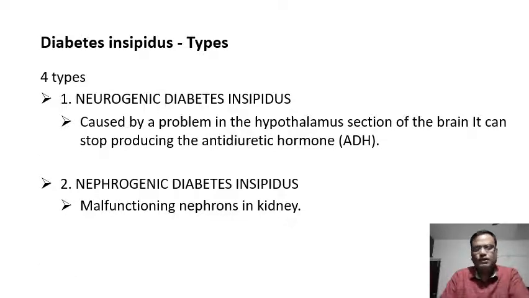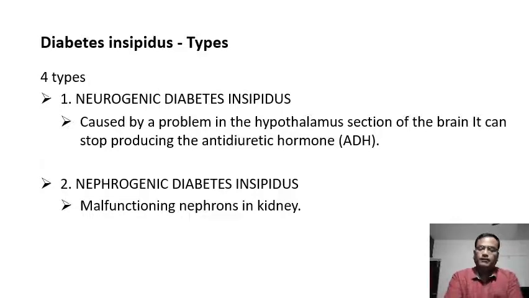Now there are four types of diabetes insipidus. Neurogenic diabetes insipidus. It is caused by a problem in the hypothalamus section of the brain, and it can stop producing the antidiuretic hormone. In one of the previous topics, we studied that antidiuretic hormone is actually produced by the posterior lobe of pituitary, neurohypophysis.